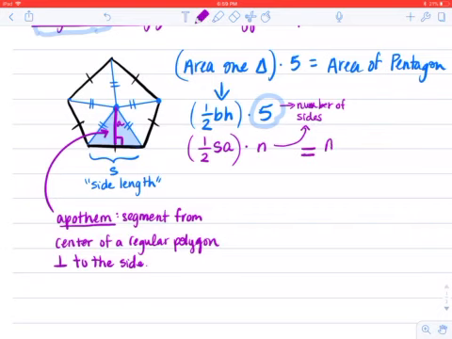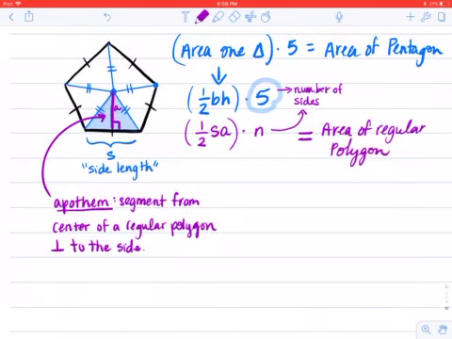So that is going to give me not the area of a pentagon anymore, but the area of any regular polygon. Okay.